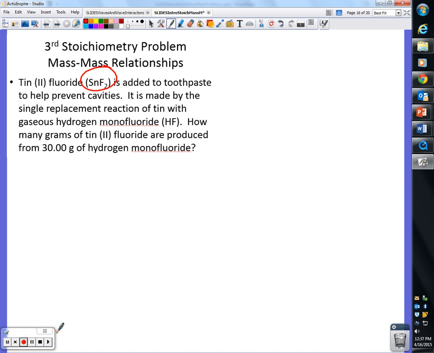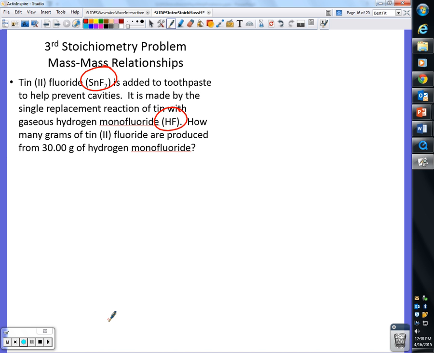Tin 2 fluoride is added to toothpaste to help prevent cavities. It is made by the single replacement reaction of tin with hydrogen monofluoride, which is that compound right there. How many grams of tin 2 fluoride are produced from 30 grams of hydrogen monofluoride?